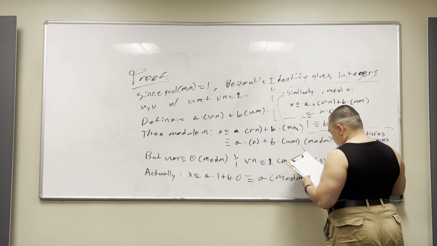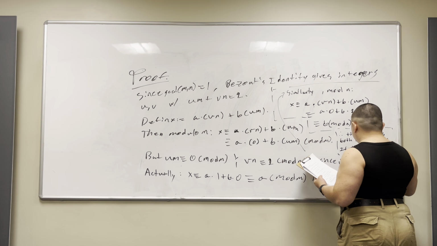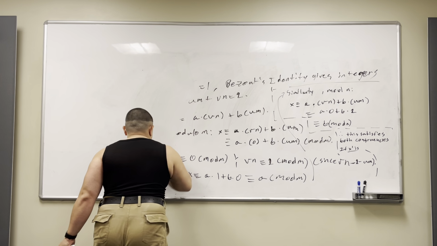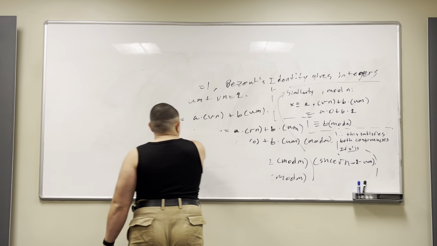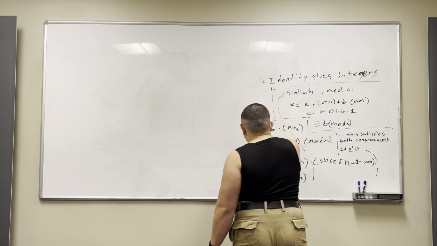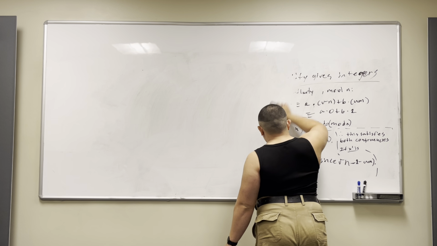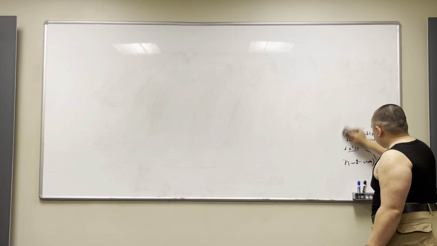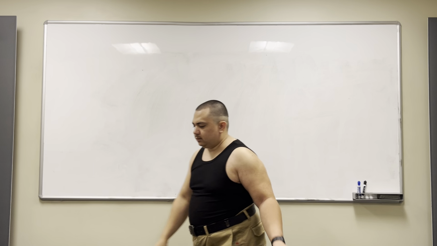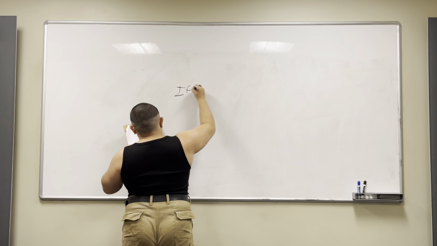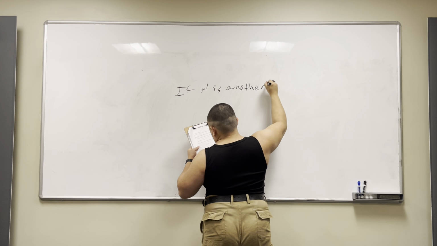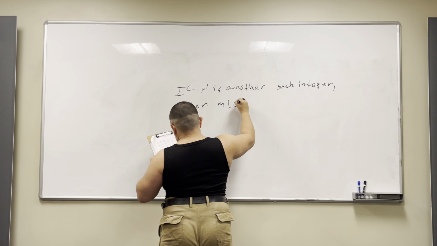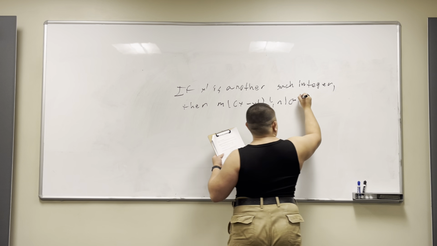If x prime is another such integer, then m divides x minus x prime, and n divides x minus x prime.